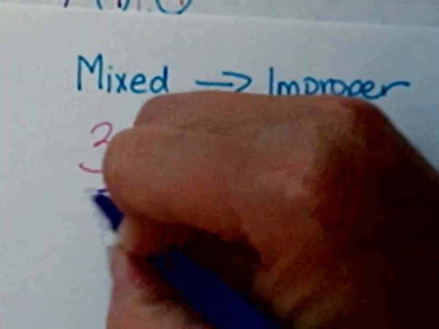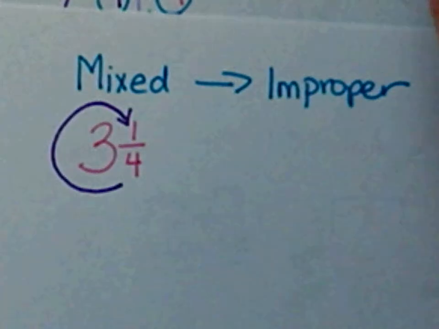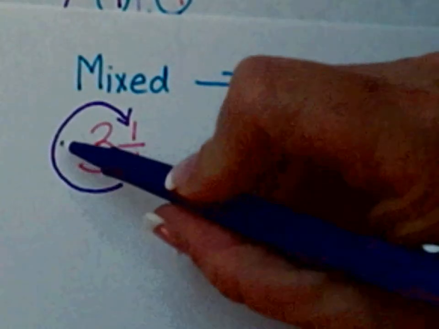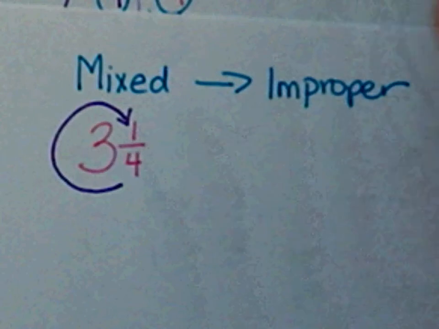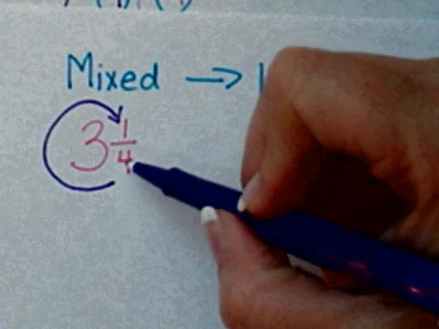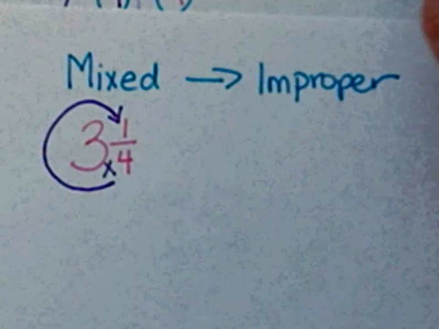So we're going to do a little lasso here, or a C, and that just reminds us what order we're going to go in. We're going to start at the 4, we're going to look at the 3, we're going to come around to the 1. We just have to remember what we do at each step. So we're going to look at the 4, we're going to wrap around at the 3, and we're going to multiply them.